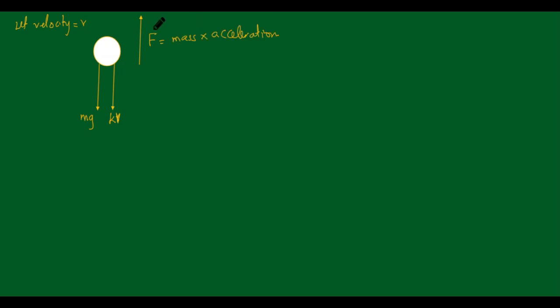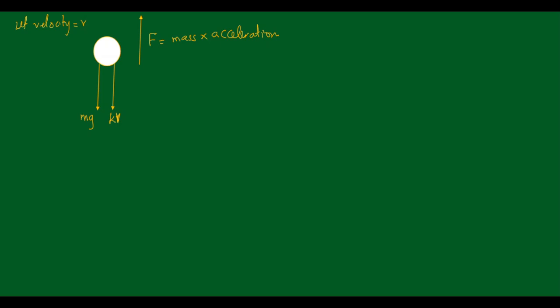We have been told that the ball was sent upwards with an initial velocity v naught. We can imagine that if the ball is going upwards, the velocity of the body keeps reducing, from our laws of physics. This is due to the force of gravity and the force that the air exerts on the body.